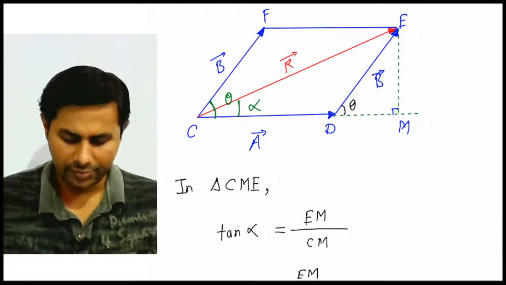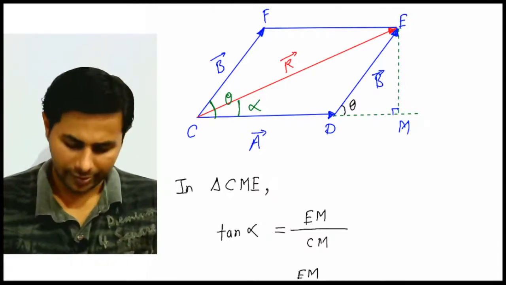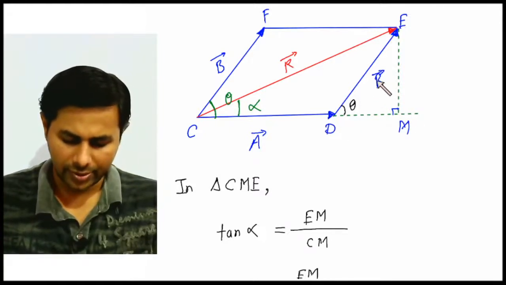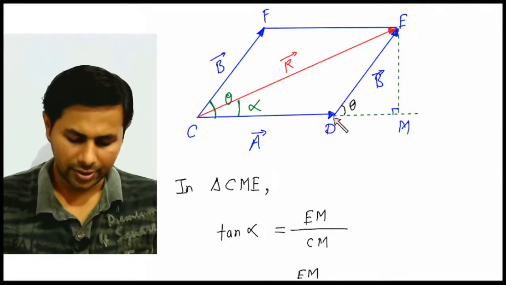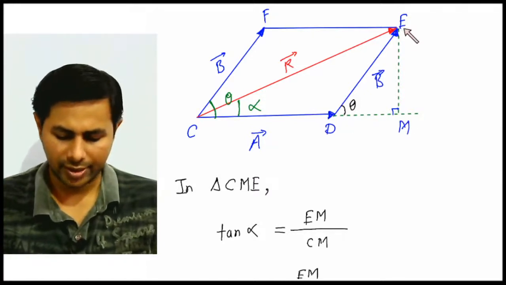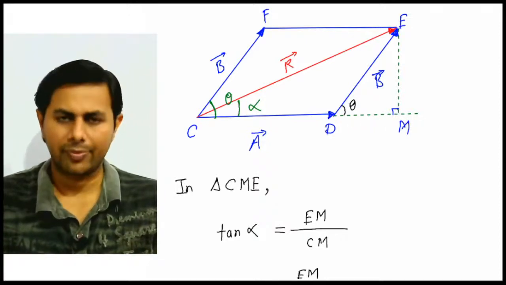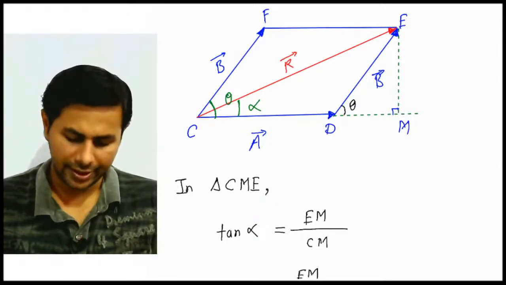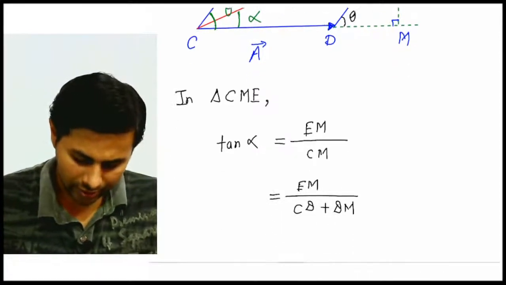So CD is the magnitude of vector a bar, or it's a. EM and DM we already found in terms of vector b bar. EM is d multiplied by sine of theta, DM is d multiplied by cos of theta, and DE is the magnitude of vector b bar.